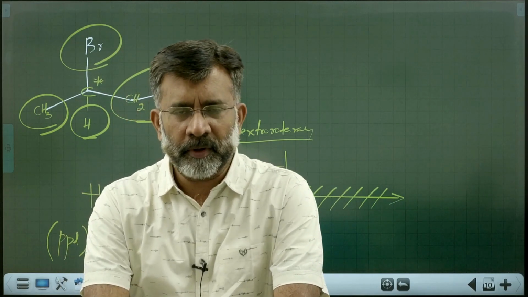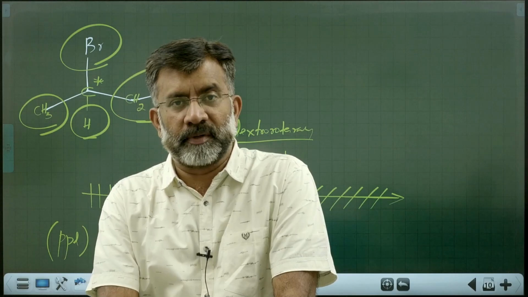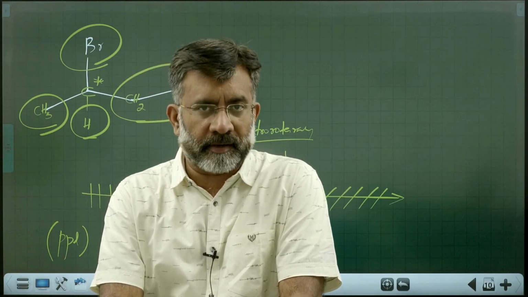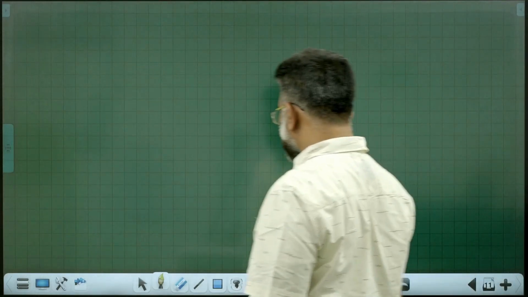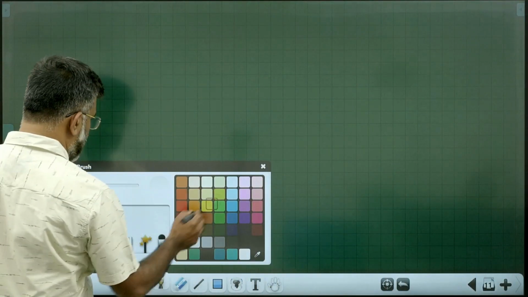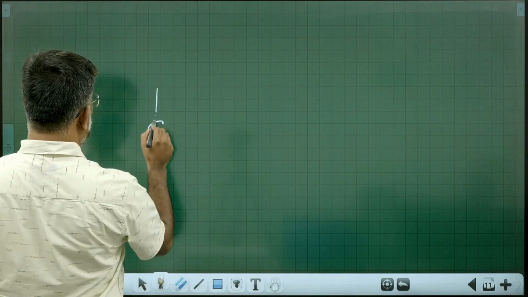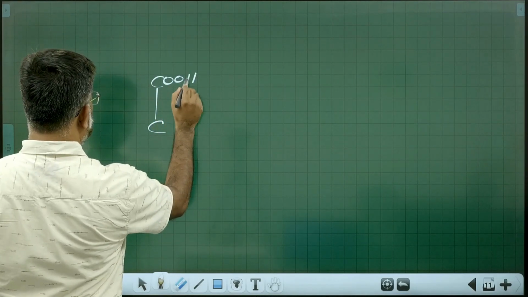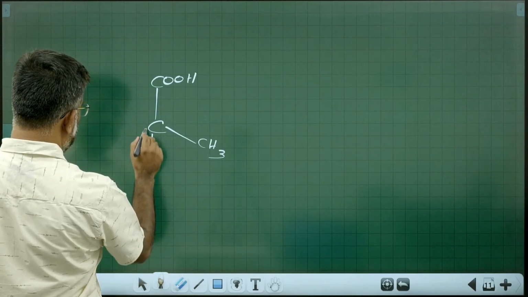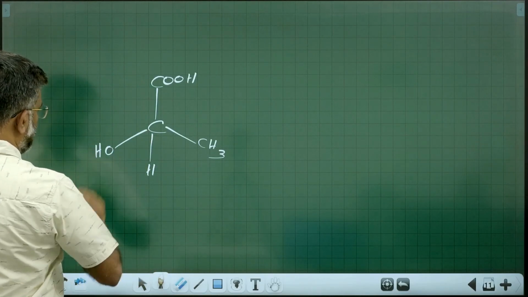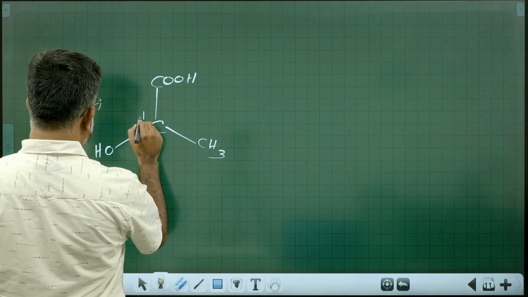They will form non-superimposable mirror images of each other. If you take lactic acid, for example, this is lactic acid, and this carbon is the chiral center.